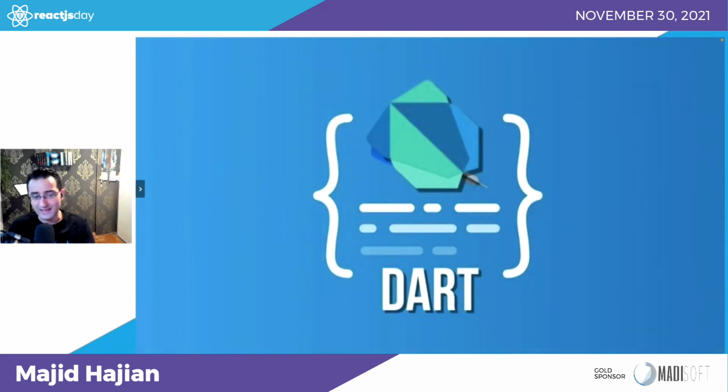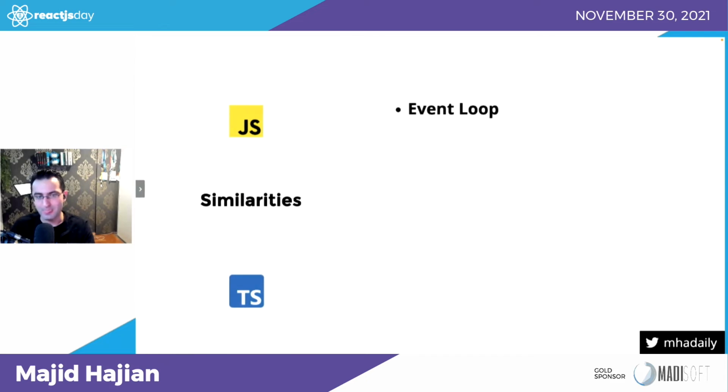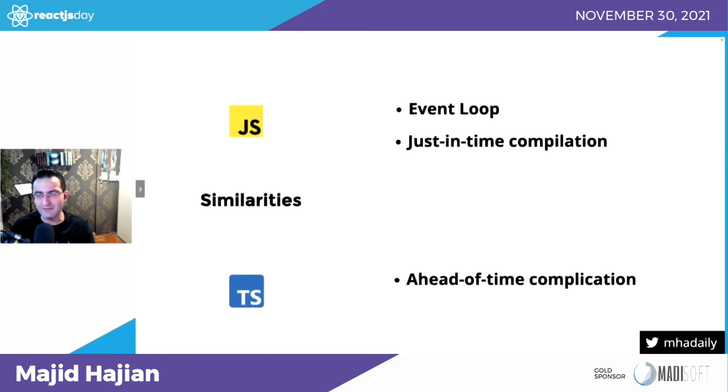But let's get into the language. Why I'm saying Flutter and Dart is easy for TypeScript and JavaScript developers. We'll get to that very quickly. First of all, the similarities between the two languages are quite a lot. If you have been doing TypeScript for a while, you almost know Dart more than 50%, I would say. Because you are already familiar with the event loop.